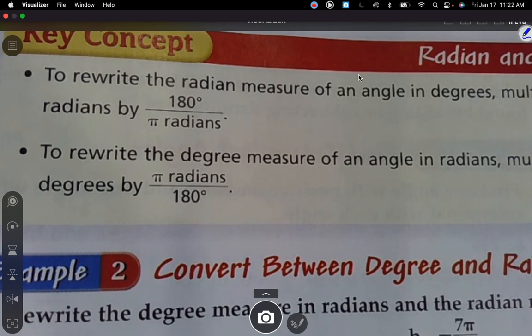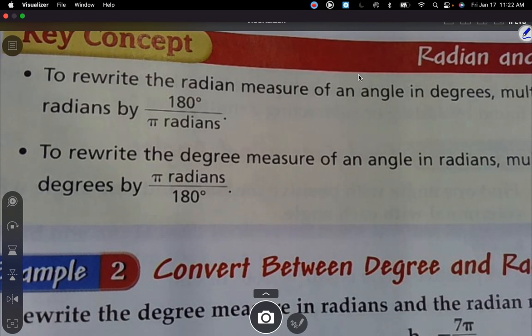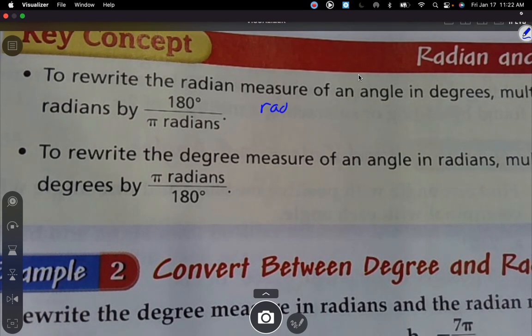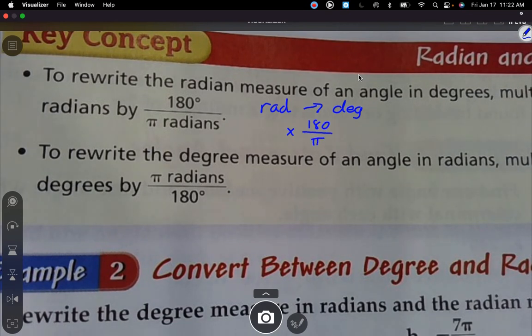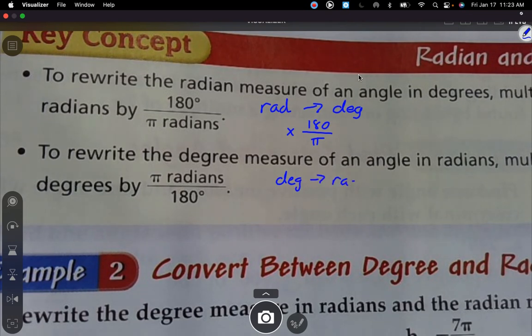If you are wanting to go from radians to degrees, you multiply by 180 over pi. Go backwards, degrees to radians, you multiply by pi over 180.